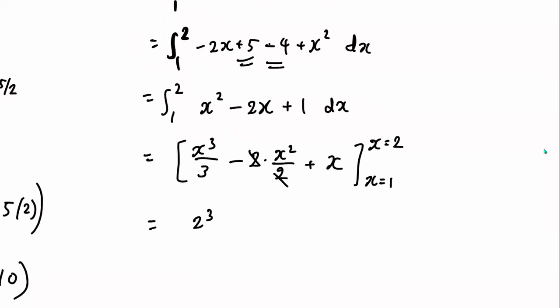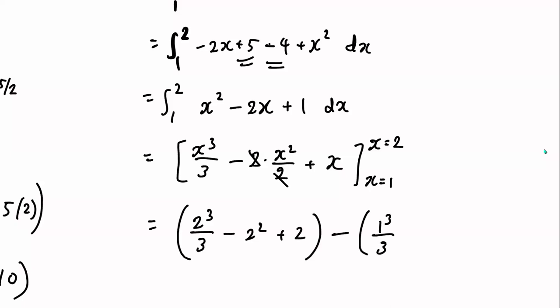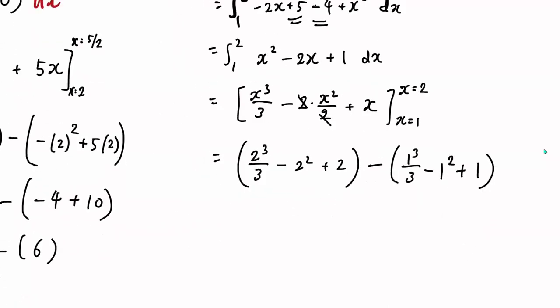Then you're left with 2 cubed over 3 minus 2 squared, it's just 2 squared, plus 2, bracket, minus away 1 cubed over 3 minus 1 squared plus 1. Okay? Clear so far? Yeah. Okay, then I'll just multiply everything in. Simplify everything. 1 cubed over 3, 1/3, minus 1 plus 1, they cancel away.